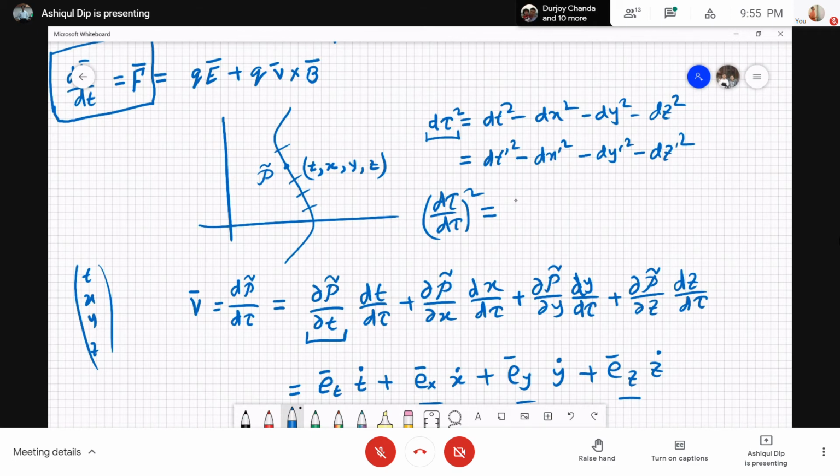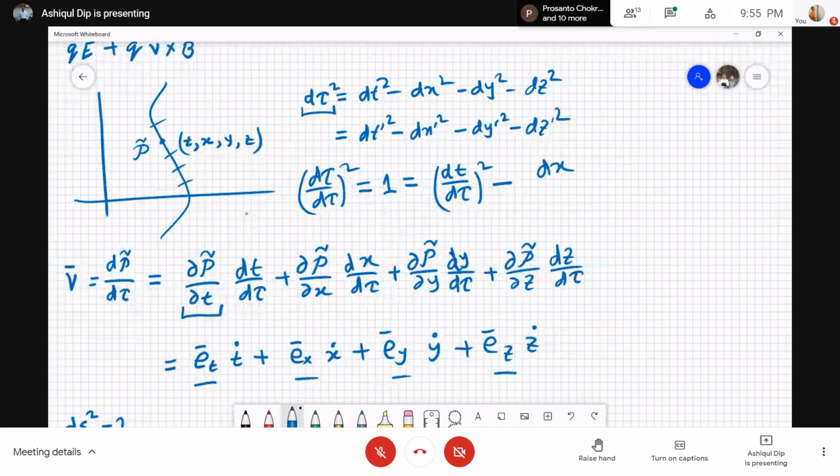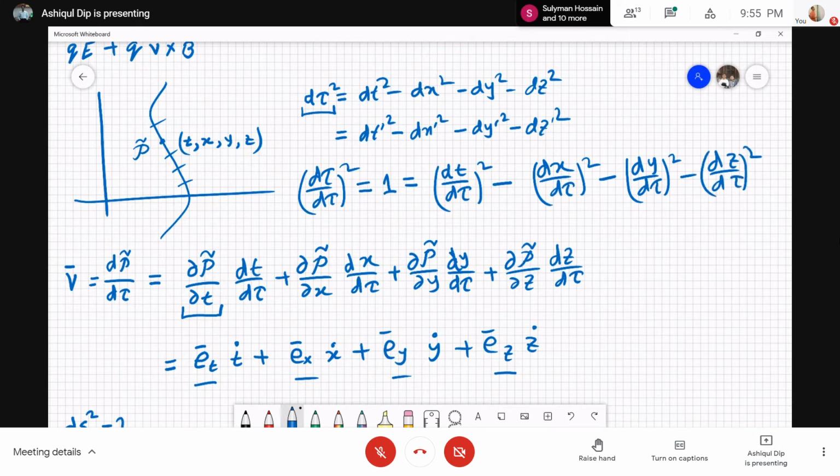One. Which is 1. Okay, and then we have dt over d tau whole square minus dx over d tau whole square minus dy over d tau whole square minus dz over d tau whole square. Is that correct?